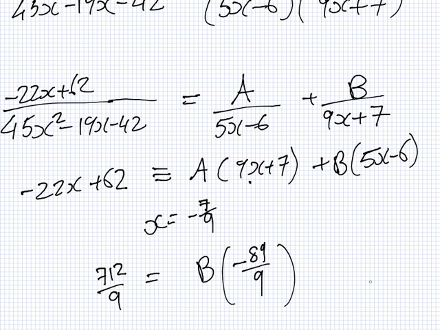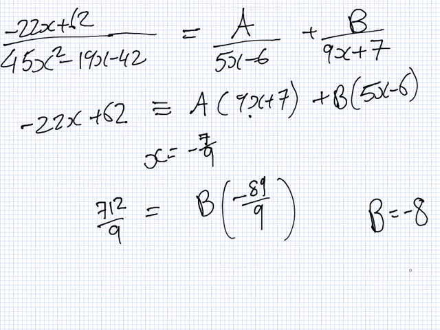So, when you solve that, you get b equals minus 8. So you can do something similar to get the a. You could say, well, it should also be true if x is equal to 6 over 5. That's right. So when you put in 6 over 5, you can get the a.